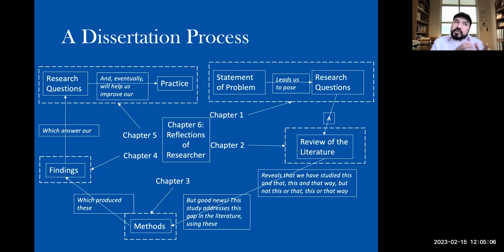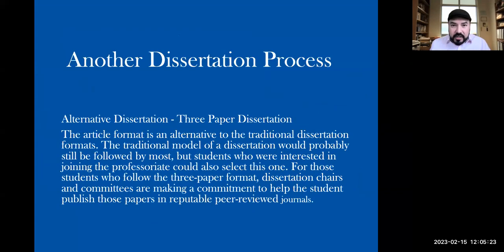So it's important to know the different processes that are involved in dissertations, because as we're trying to shift the field of academia, especially now with the R1 designation for UTSA, we're also trying to be innovative on how we can disseminate new knowledge through the dissertation process. And an alternative dissertation is the 3-paper dissertation, right?